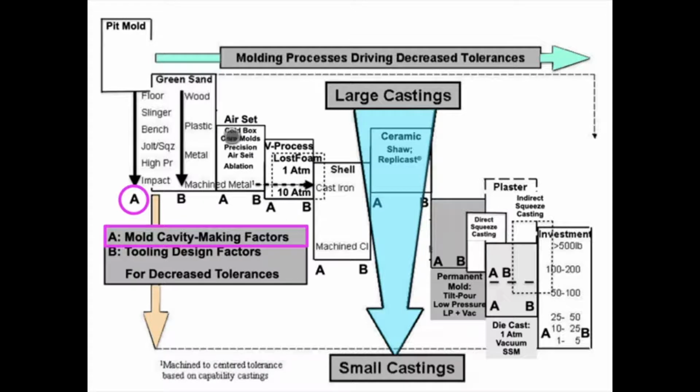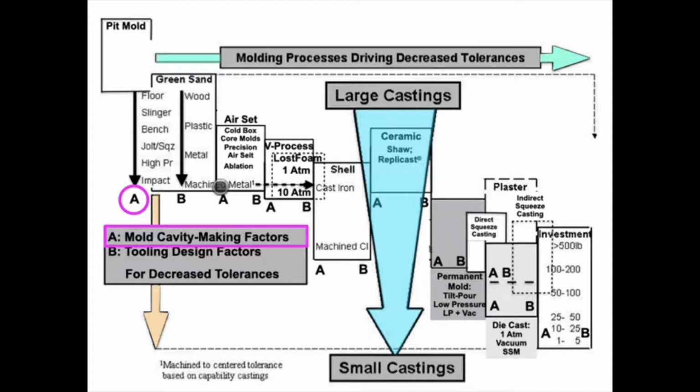In the air set process, there is not as much effect of mechanization because the process is relatively similarly accurate whether it be automated or not. But still, there are other ways of improving the air set process tolerance-wise, which is the reason that the air set box has a vertical distance associated with it.